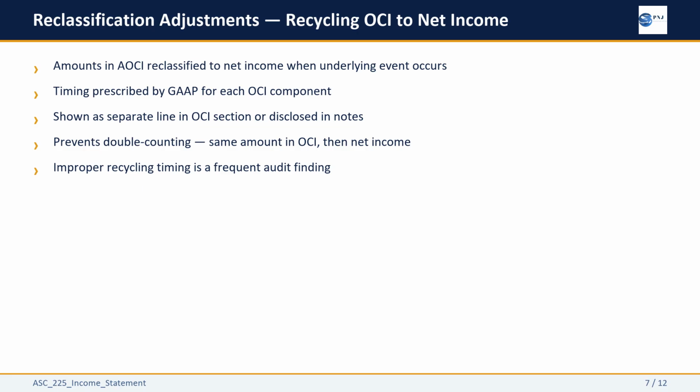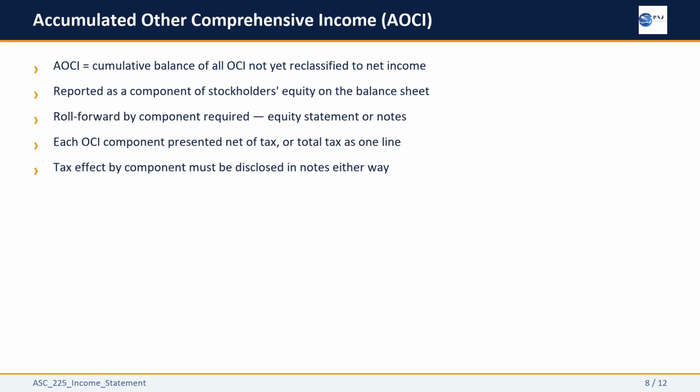Get this right. Think of AOCI as OCI's running total, the accumulation of every OCI item recognized over the entity's history that has not yet been recycled into net income. It lives on the balance sheet inside stockholders' equity. GAAP requires a roll forward showing the beginning balance, current period OCI activity, reclassifications out, and ending balance, separately for each component.